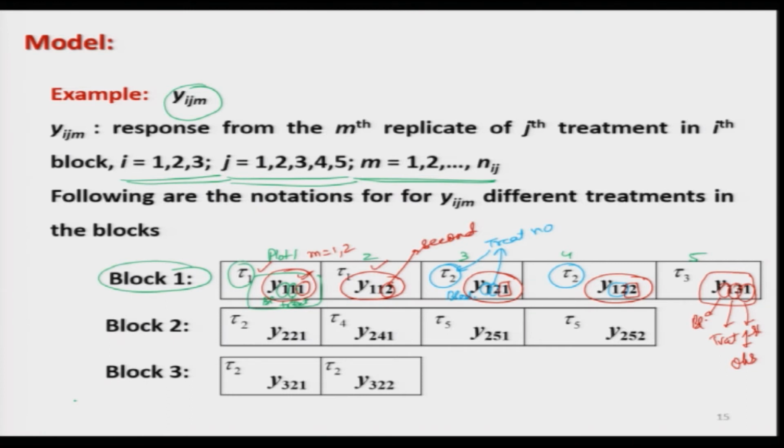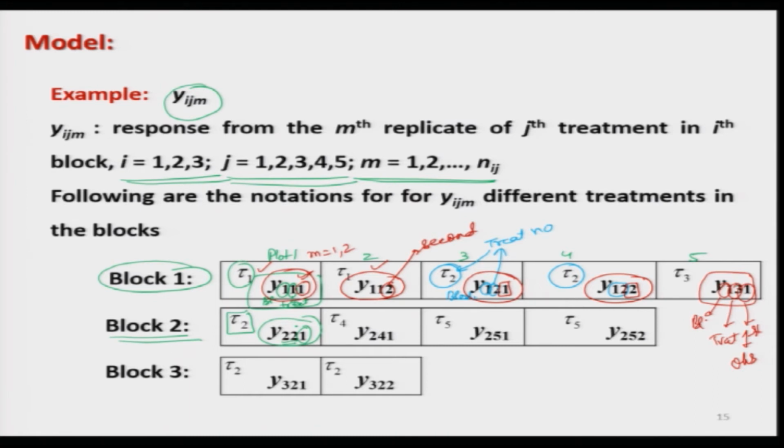Similarly, if you consider block number 2, what is this Y221? I can say treatment number 2 is given in the first plot of block number 2. So, this is indicated by Y22, and then there is only 1 time the treatment tau 2 has been given, so we have 1 here, and the corresponding observation from this plot is indicated by Y221.